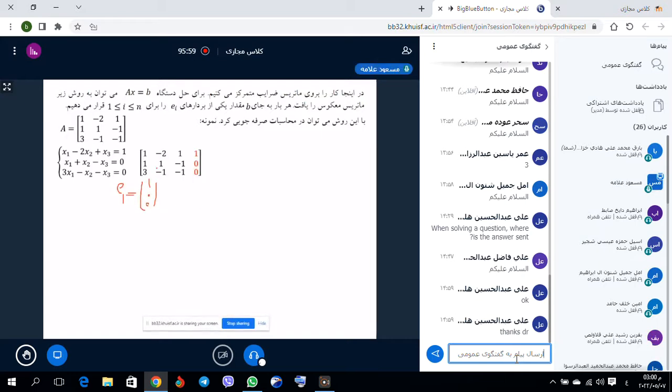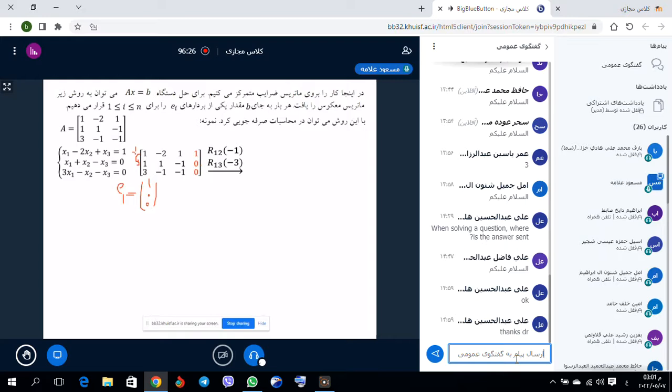So we want to use Gauss elimination. We should use this entry, I mean 1, and change the 1 and 3 to 0. That is R2 minus R1: multiply this one by minus 1 and add to this one.